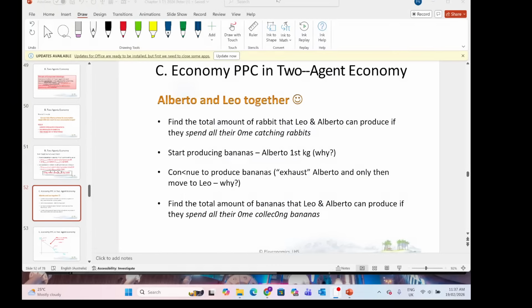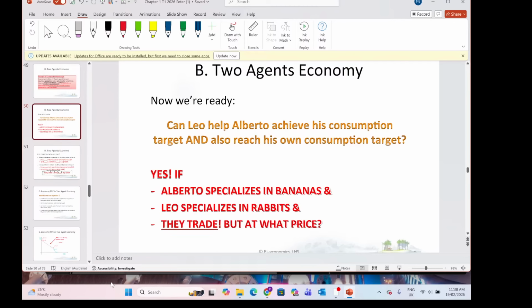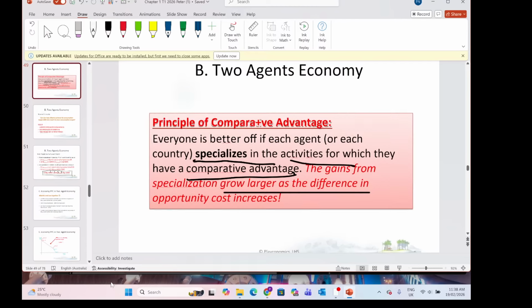Let's revise where we were a couple of days ago. We looked at opportunity cost, and we then identified the principle of comparative advantage.